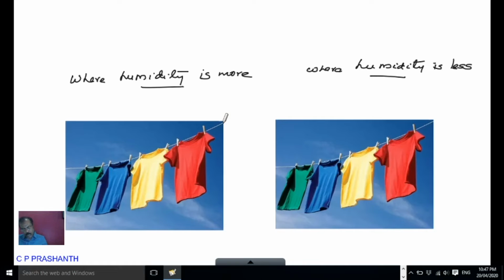Humidity. What exactly is humidity? It is the amount of water vapor present in the air. So we can consider this as the saturation of atmosphere with water vapor.